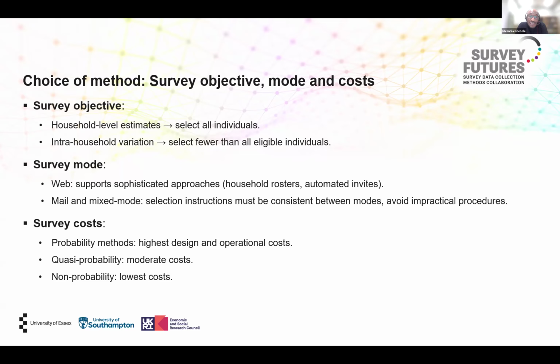For web-only surveys, you are able to use more sophisticated approaches to select your respondent within a household. You can create a household roster and use some automated invitations to do that. Whereas for mail and mixed mode, the methods are a bit limited in terms of that.